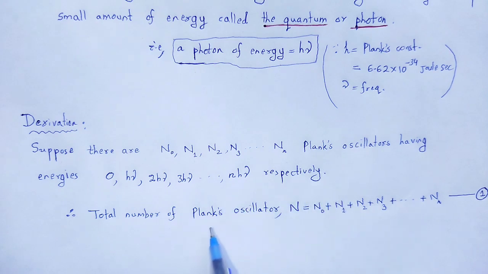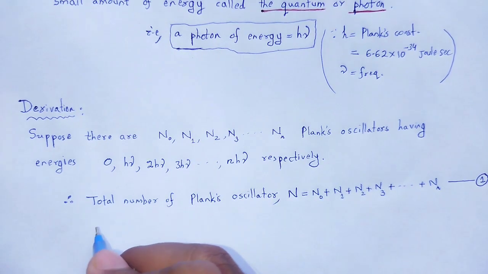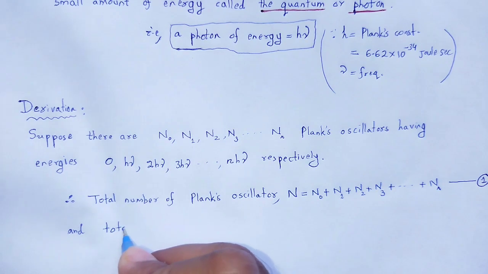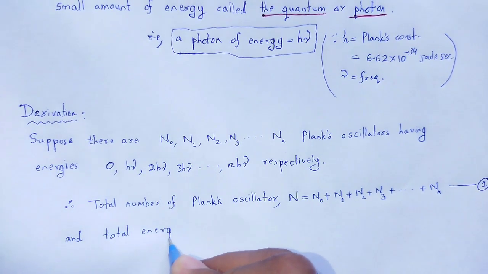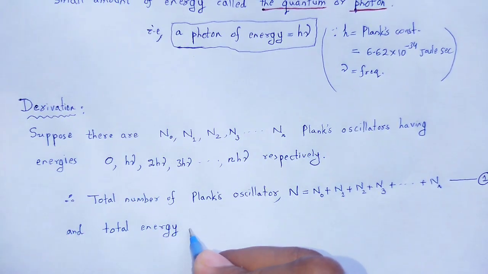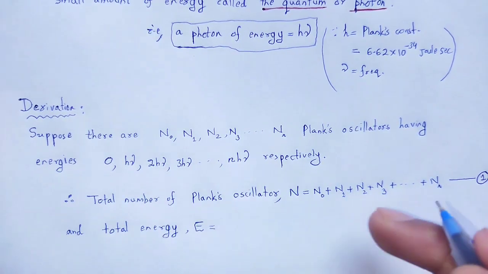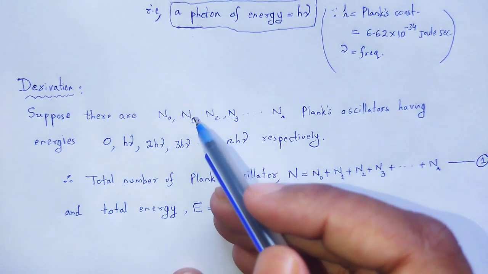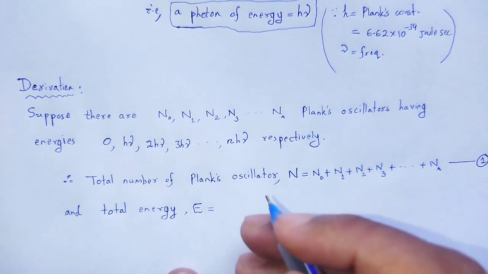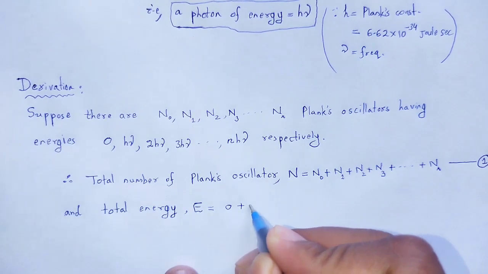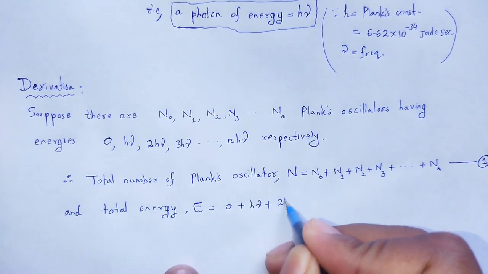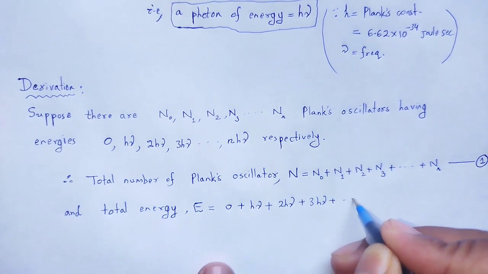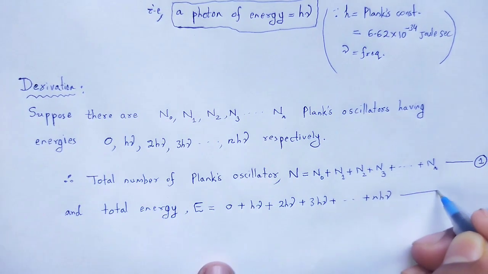And the total energy possessed by these Planck's oscillators is equal to the energy of such oscillators: N0 oscillators having energy 0, N1 oscillators having energy h nu, like this. 0 plus h nu plus 2h nu plus 3h nu up to nh nu, equation number 2.